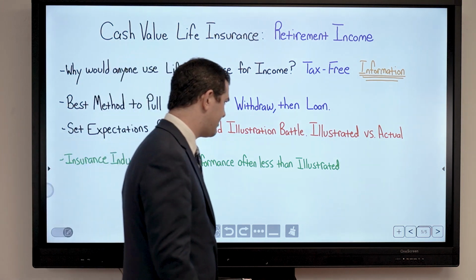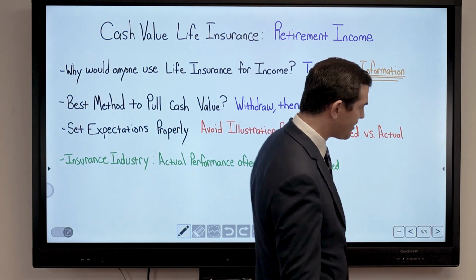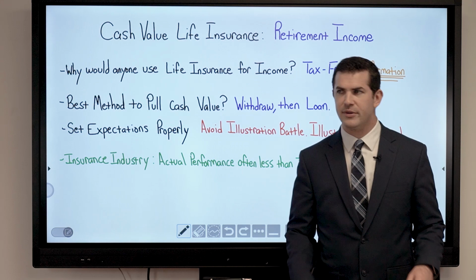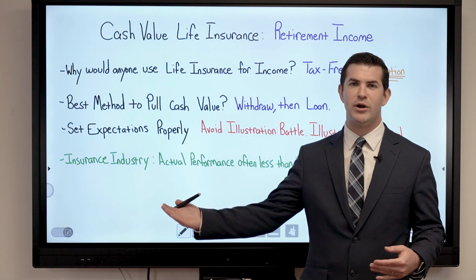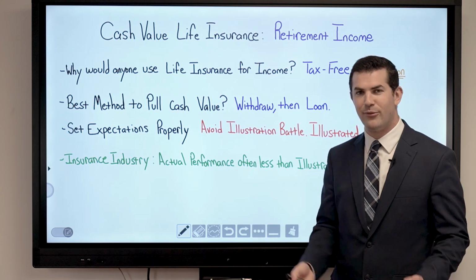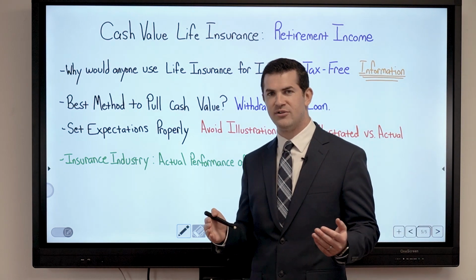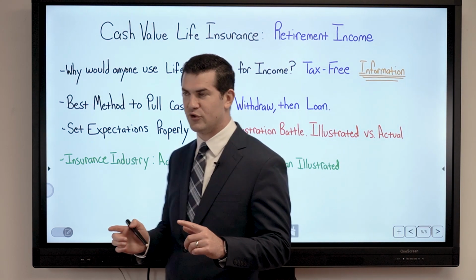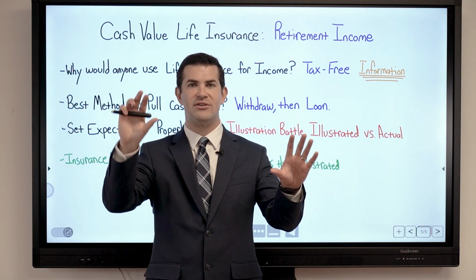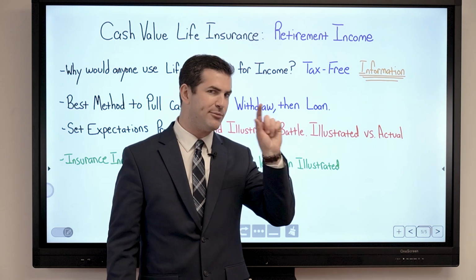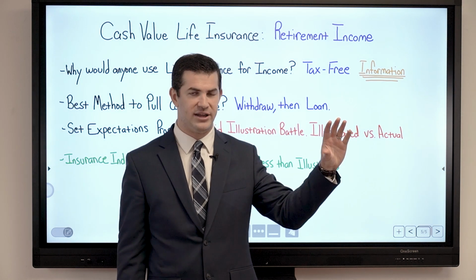Insurance industry, a little tidbit of knowledge here, and we've talked about this before, is the illustrated performance is almost always much greater than the actual performance. Meaning when I open a whole life insurance policy, especially a universal life insurance policy, the actual performance is almost always less than what was projected, and I'm specifically talking about the non-guaranteed values.